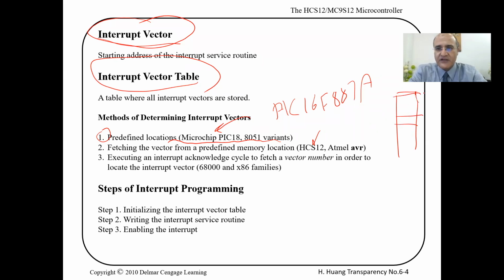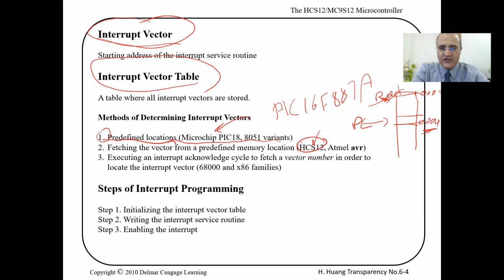The reset address is 000. Whenever you reset, your program is going to point to 000. And whenever an interrupt happens, the program counter is going to go to 004. This is a predefined location by hardware. The hardware will cause the program counter to point to address 04 whenever any interrupt happens, okay? A predefined location.